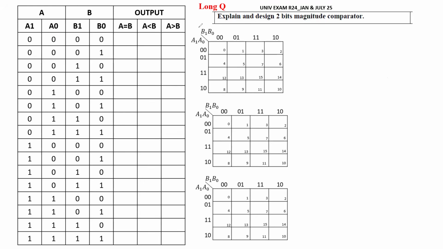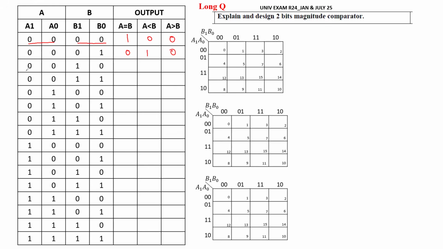Now again, three possibilities are there: A is equal to B, A less than B, A greater than B. Here you have to compare these two bits with these two bits. Both numbers are decimal 0, 0, that means A is equal to B. Remaining are 0 here. Again here 0, 0, 0, 1, so A is smaller than B. Remaining are 0.